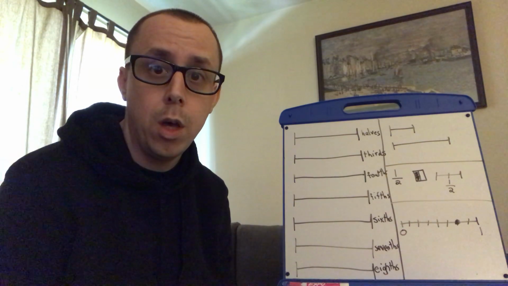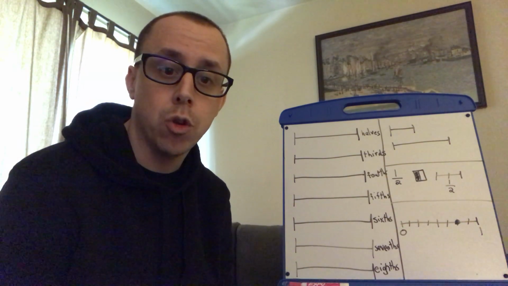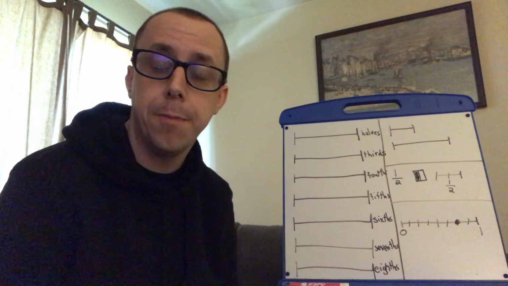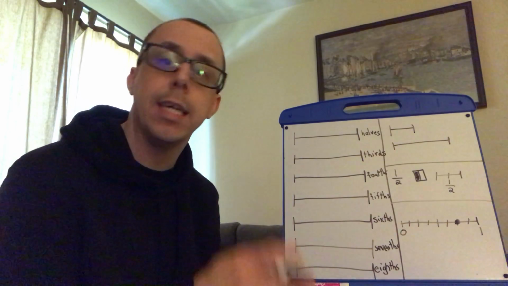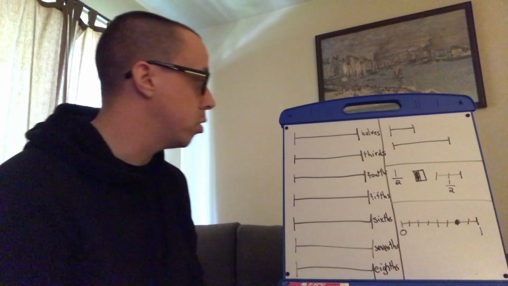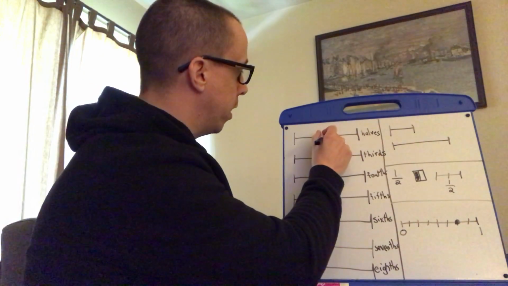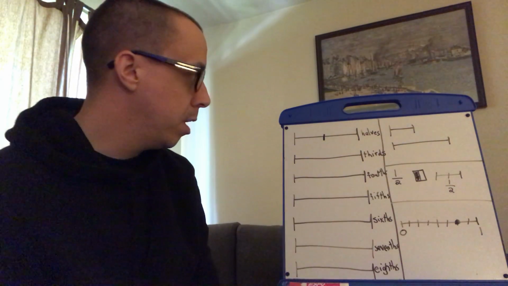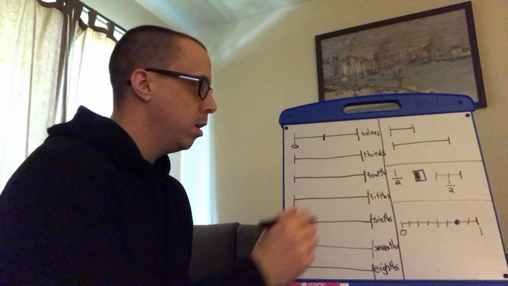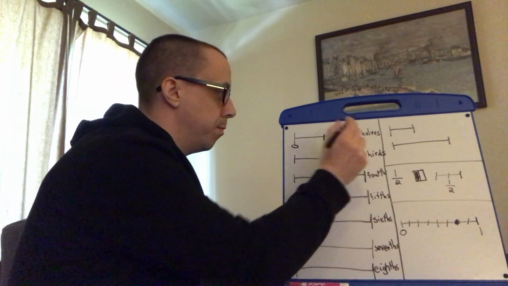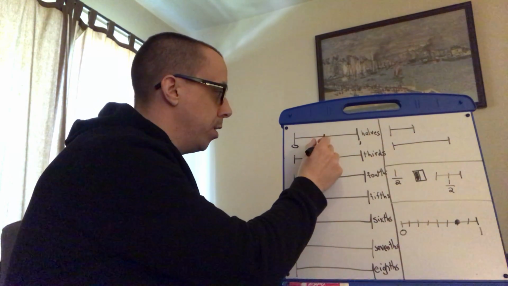Okay, so when you're trying to draw halves on a number line, you literally draw a line directly cutting the line in half. So halfway is right here. Okay, and now on our number line we have the number 0, the number 1, and the number 1/2.